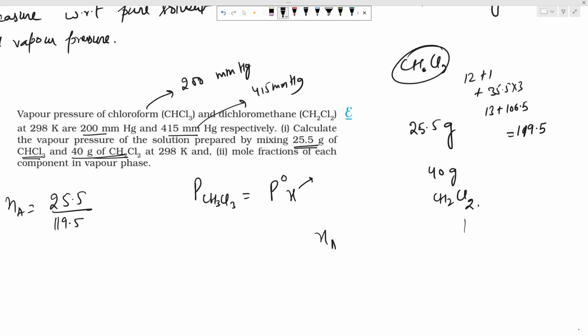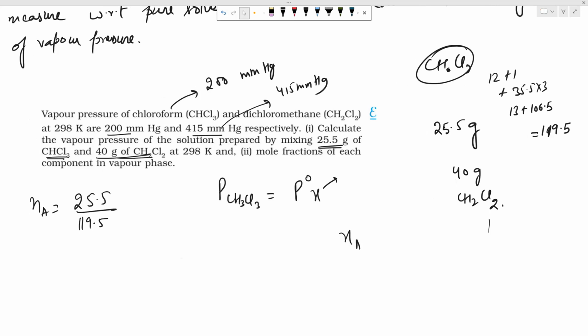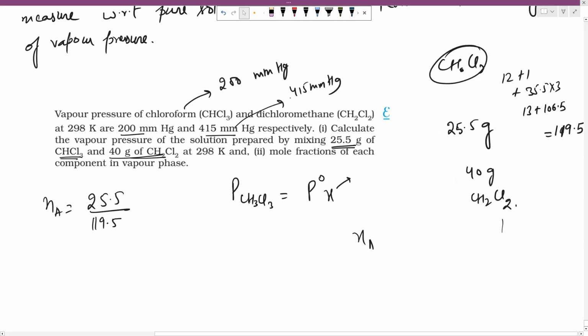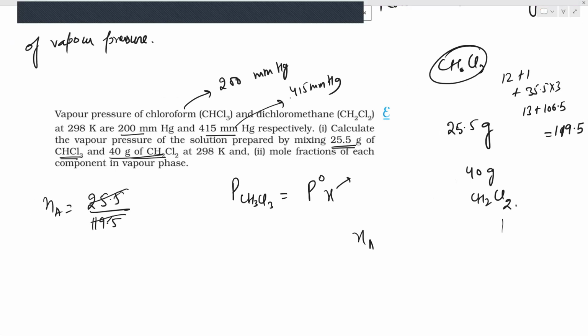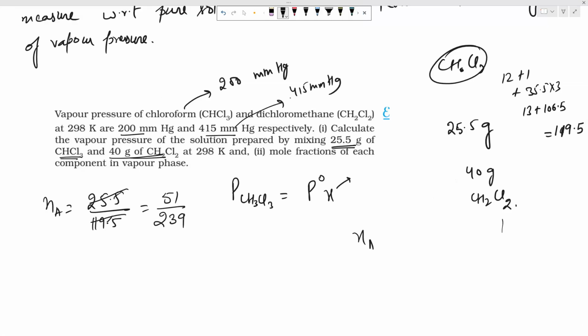What value are you going to get here? How many moles will you get? You divide it by 5: 5 ones are 5, 5 twos are 10, then 119, 5 threes are 15, then 4, 5 nines are 45.